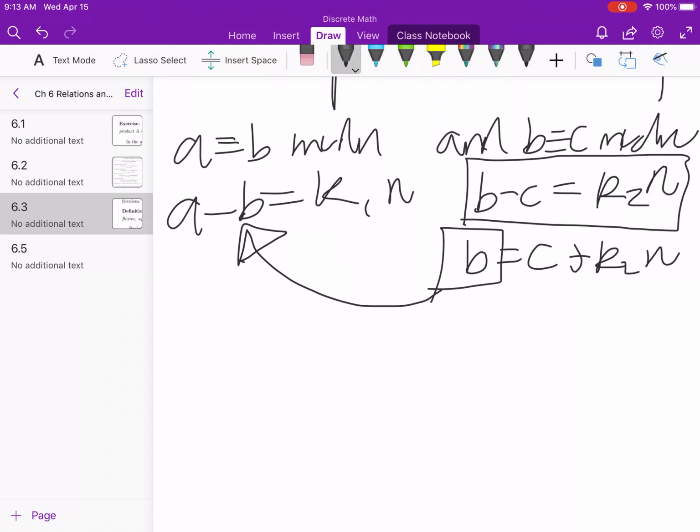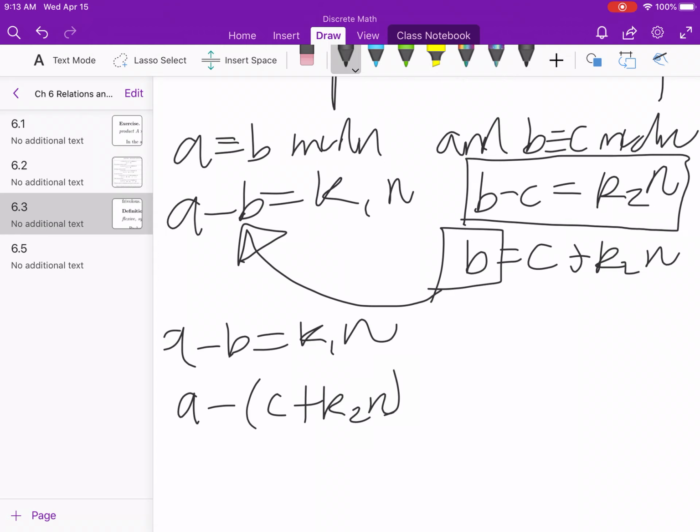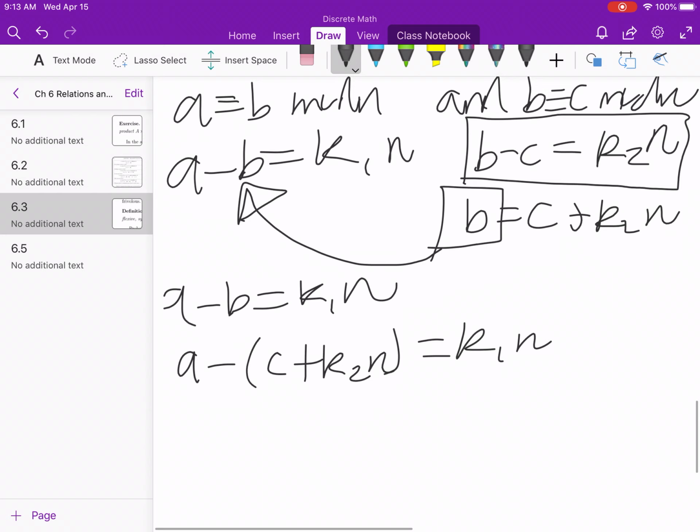So let's notice what I'm going to get. I've got a minus b is equal to k1 times n. By substitution, I'll get a minus c plus k2n is equal to k1 times n.